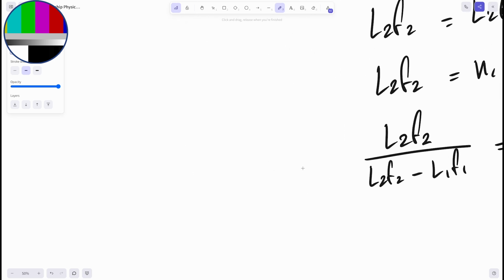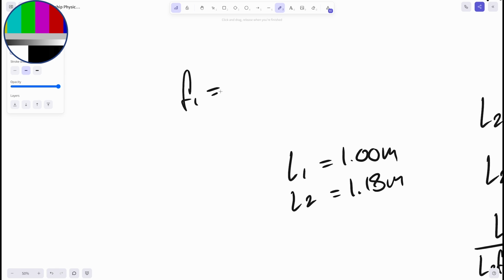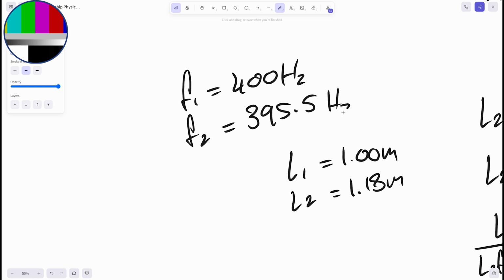Now we can plug in our values. We know that L1 is equal to 1 meter, L2 is equal to 1.18 meters. We know that F1 is equal to 400 hertz, and therefore, due to the beat frequency, we know that F2 must equal 395.5 hertz. There we go.